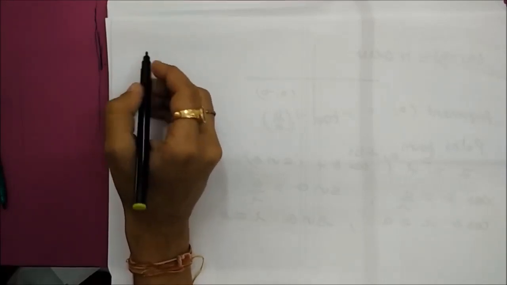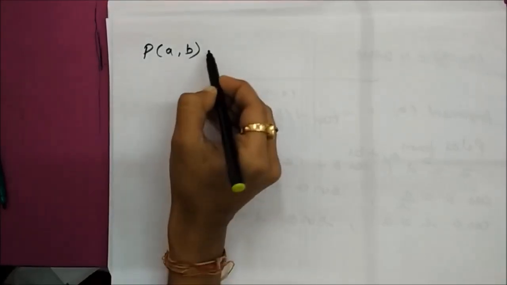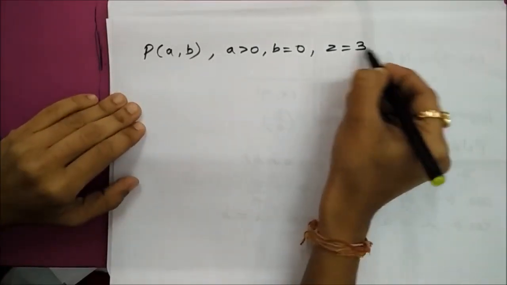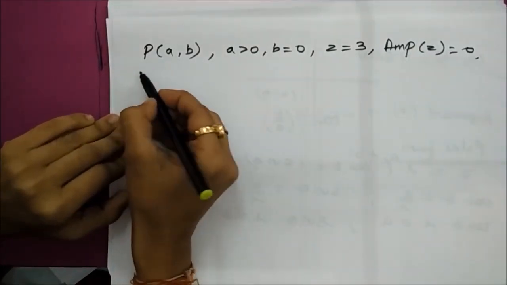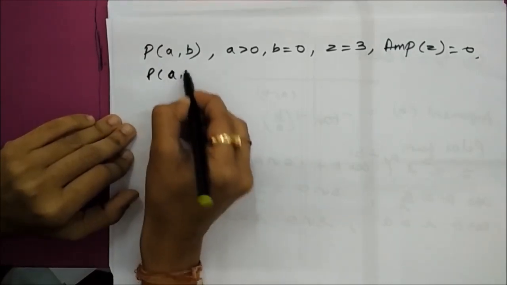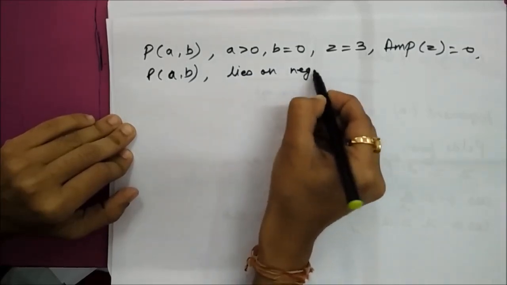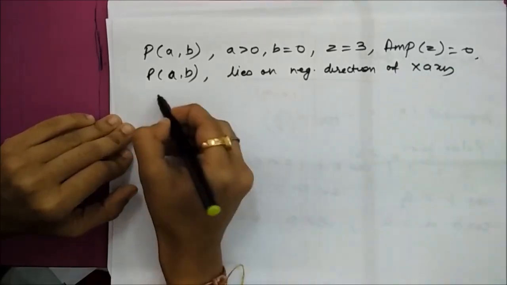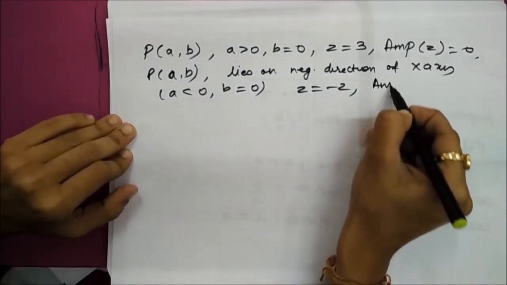After that, let's say if P is the point a comma b, where a is greater than 0 and b is equal to 0, then z will be equal to 3 and the argument will be 0. Second, if P is a comma b and lies on the negative direction of the x-axis, so a is less than 0, b is equal to 0, and z is equal to minus 2.